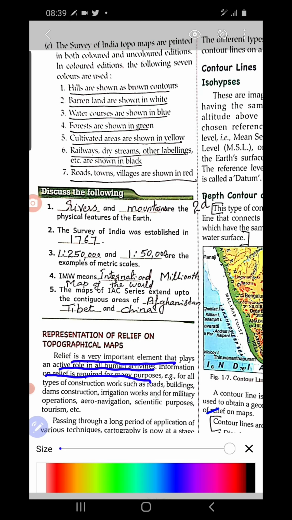Then only can we understand how these are interacting with and affecting human life. Also, for administrative purposes and for engineers who want to construct buildings, dams, irrigation works, etc., they want to get this knowledge. They cannot go directly and measure the plateau or mountain or river, their distance, nothing. They can only use the map directly.